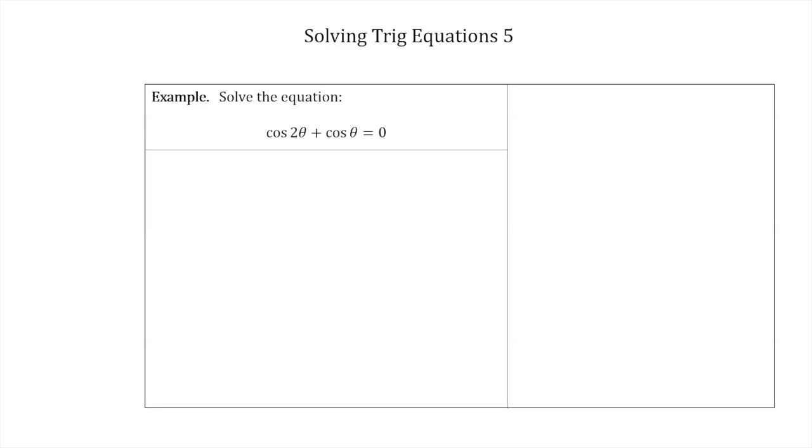So I'm going to put over in this box on the right some useful information. I'm going to start with this, that cos 2 theta equals cos squared theta minus sine squared theta. Now this comes from the identity that tells us what cos of x plus y is in terms of coses and sines.